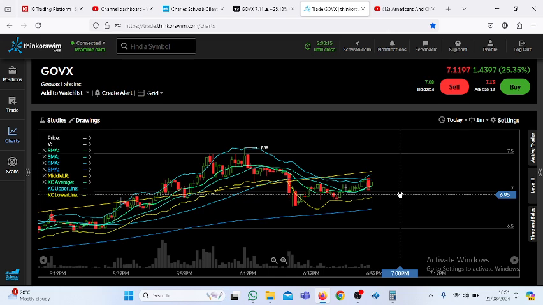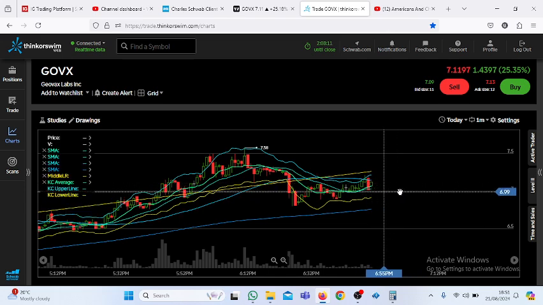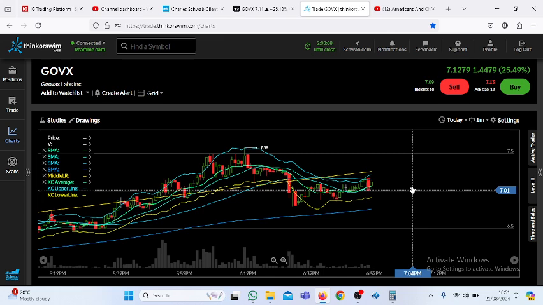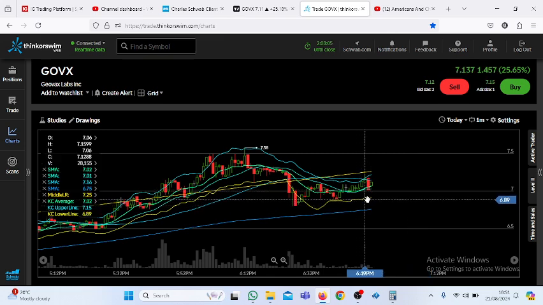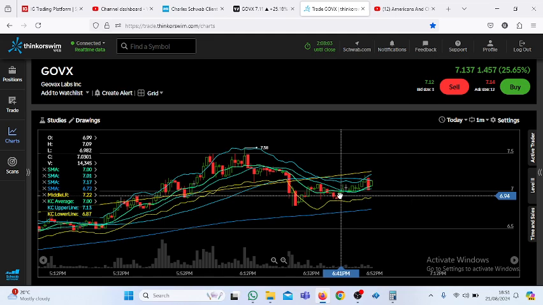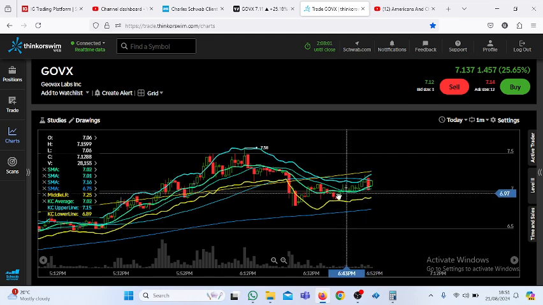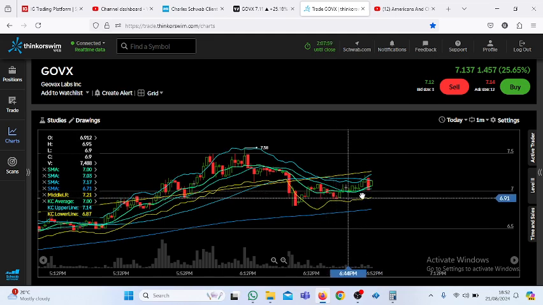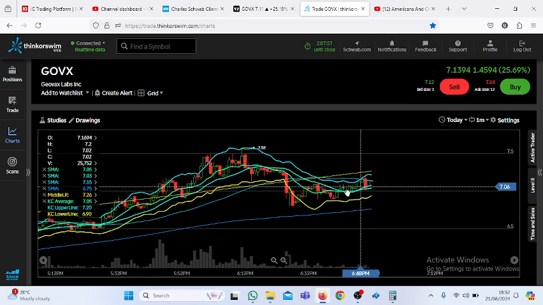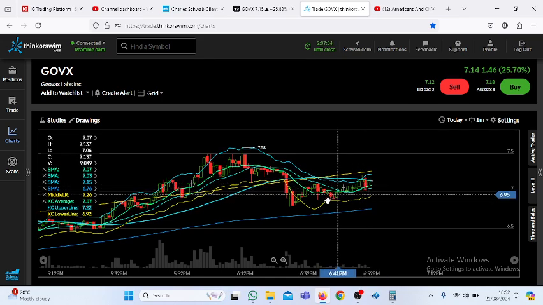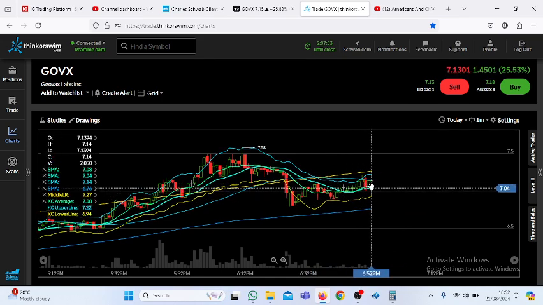That 10-minute moving average, and probably even its 20-minute moving average, are probably serving as primary demand lines. You can see it's been trading around those moving averages.